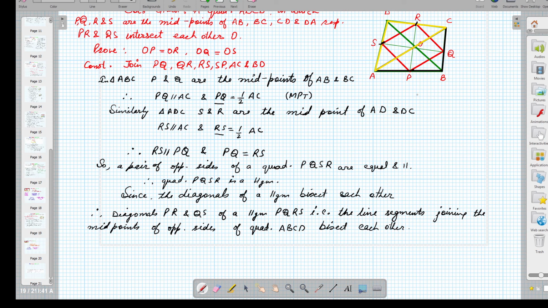So here we can understand that PR and this SQ, this is the parallelogram. So these are the diagonal, and the line segment joining the midpoint, this segment joining the midpoint, this one.